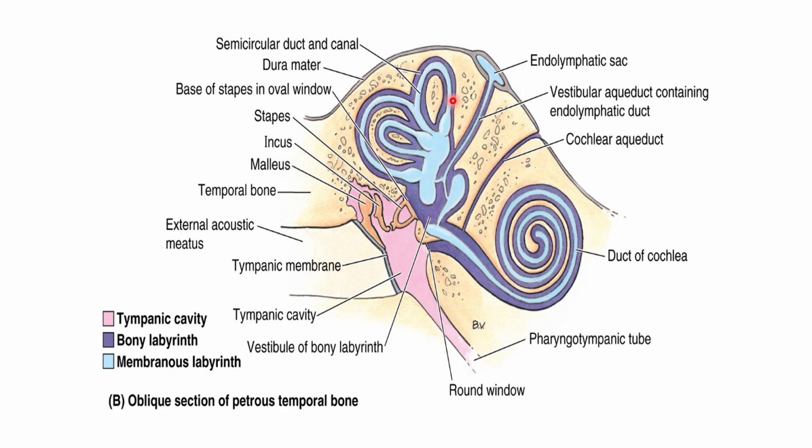So that is how these semicircular ducts are arranged, and their expanded ends are called the ampullae. And here are the two structures, the utricle and saccule, and this is the endolymphatic sac. And in previous classes, like in 11th-12th, you must have read about all these things. Just go through these.